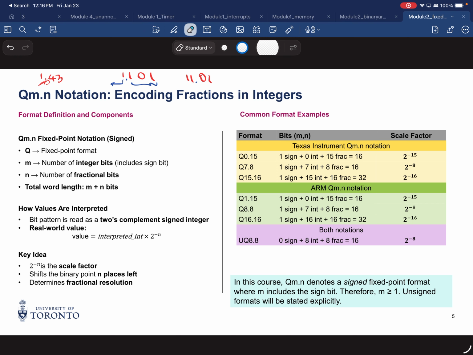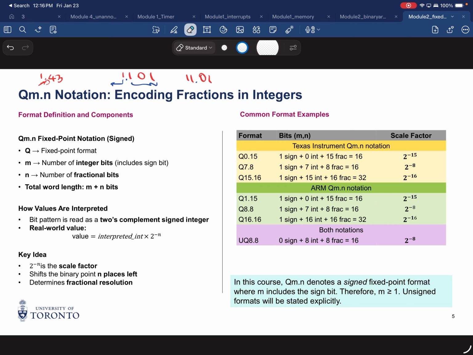In this course, we will use ARM notation. But for some of these standard ones, if you see Q7.8 or Q15.16 or Q0.15, just assume that they're equivalent to their ARM notations of Q8.8, Q16.16, and Q1.15, because these are the standard ones.